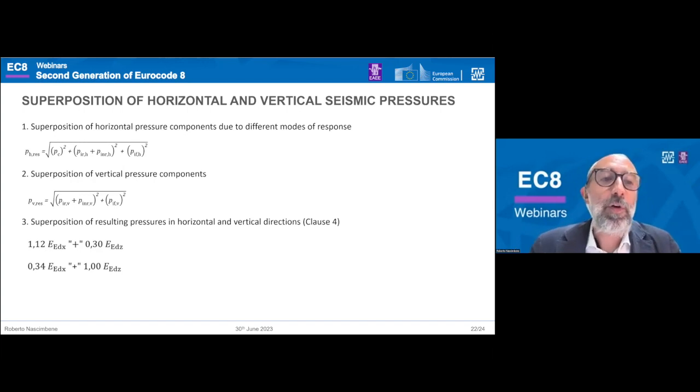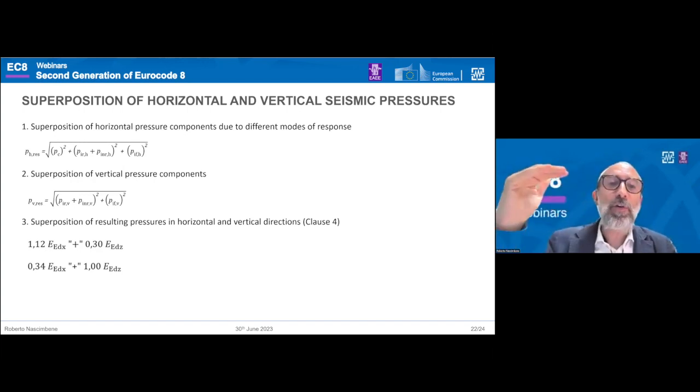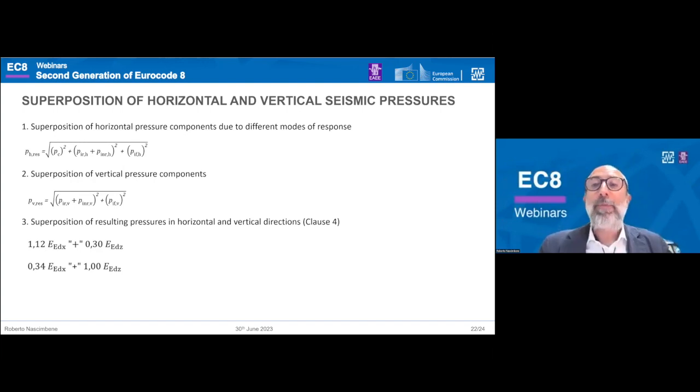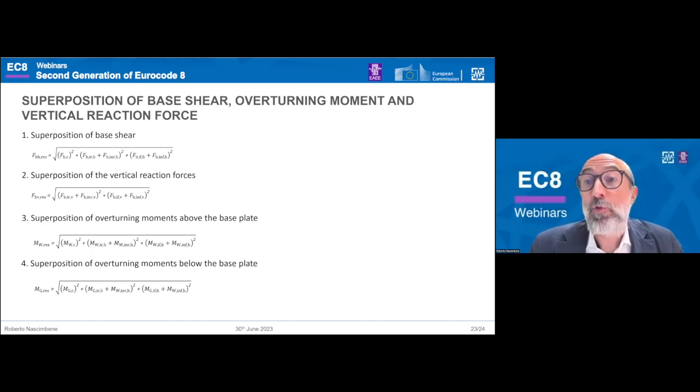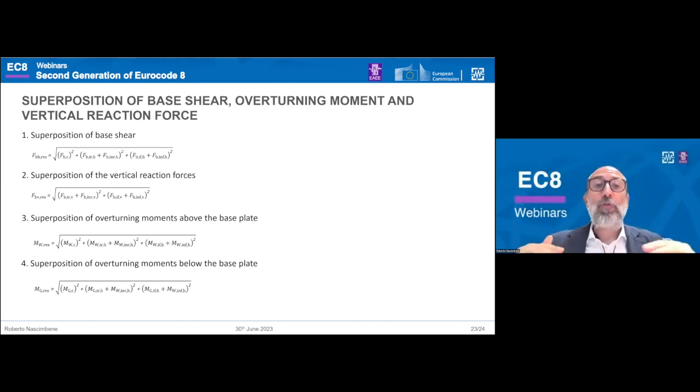Here you can see the first is the superposition of horizontal pressure, second vertical pressure, and the rule that already has been introduced by Christoph in his presentation, related to the design of structures that are axially symmetric along a vertical direction, and well defined and explained by Professor Van Vatsikos. Here is the superposition, same for the forces. Before was for pressure. Forces means base shear, vertical reaction, moment at the base of the wall, above, and moment below the base of the wall.